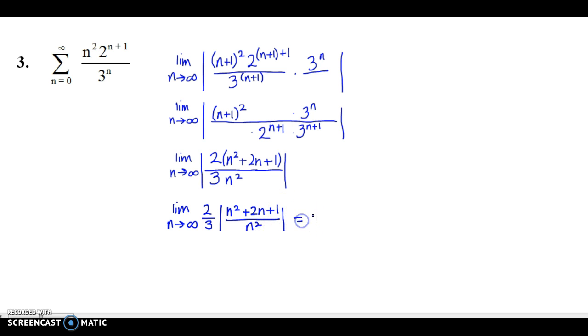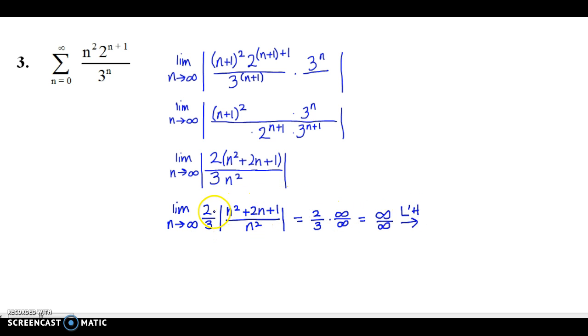Now when we evaluate this, we get 2/3 times infinity over infinity, which is infinity over infinity and a perfect candidate for L'Hopital's rule.